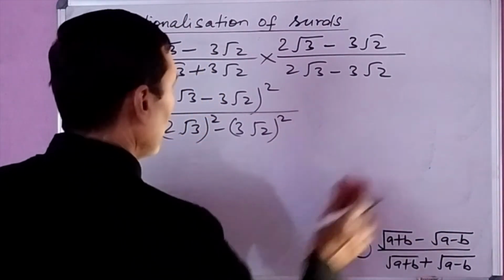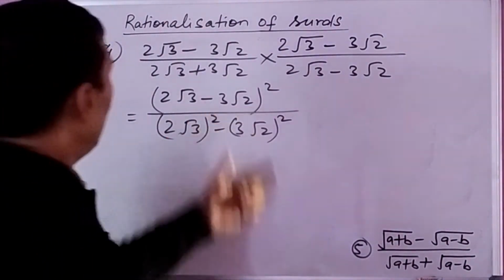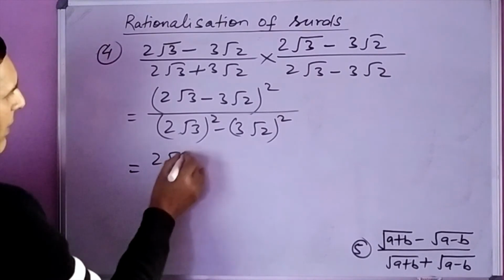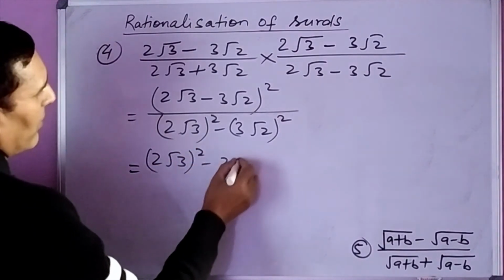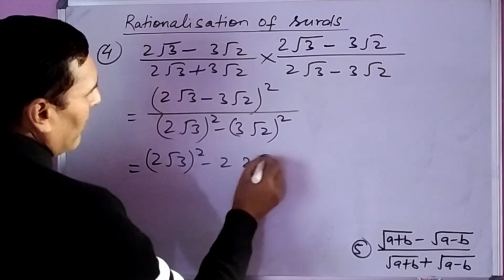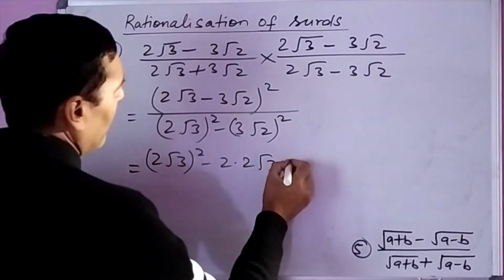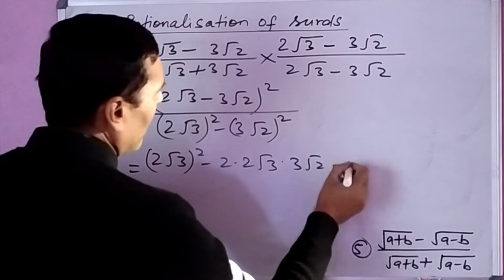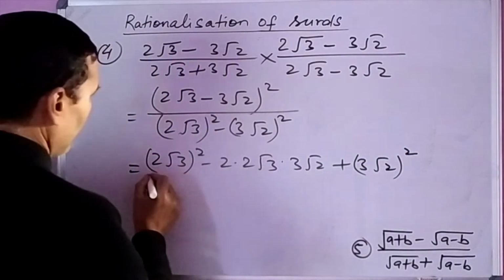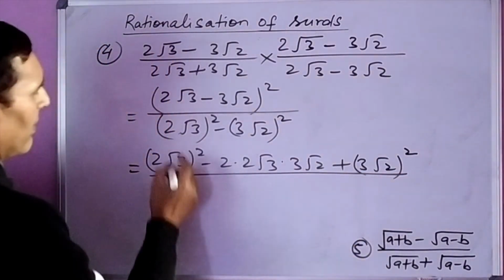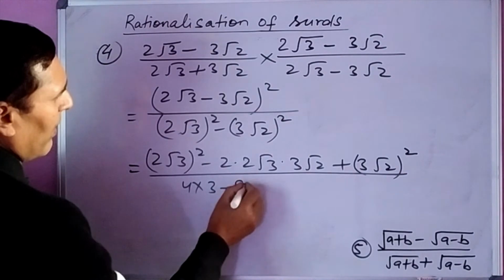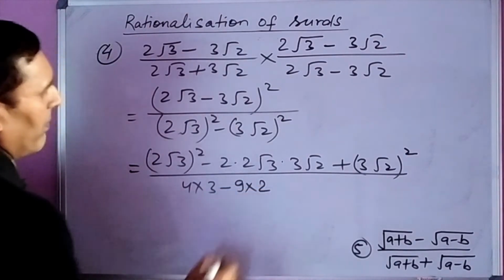And in the numerator also we can use the formula (a minus b) whole square, a square minus 2ab plus b square: (2 root 3) square minus 2 into 2 root 3 into 3 root 2 plus (3 root 2) whole square, whole upon 4 into 3 minus 9 into 2.